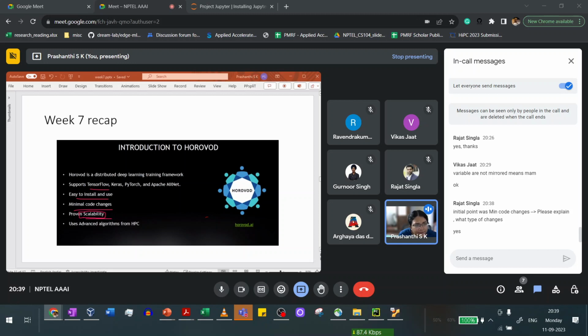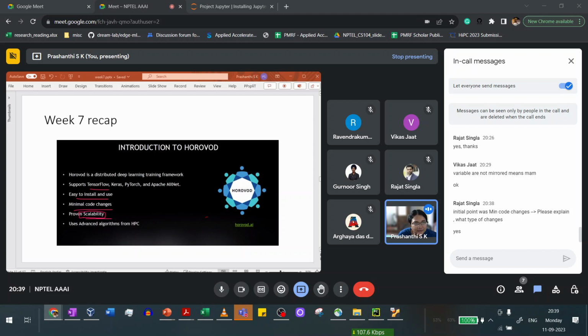Right, so I think you can go through the last couple of slides. For instance, there is initialize Horovod, and then pinning a GPU to a single process, and then you initialize a distributed optimizer, you broadcast this variable. So there are these number of steps.